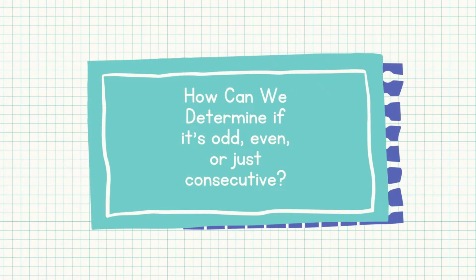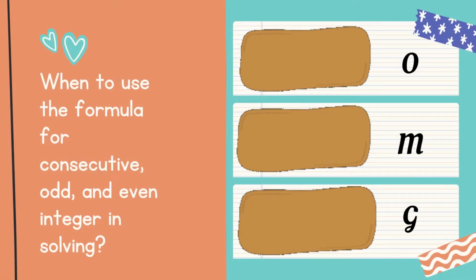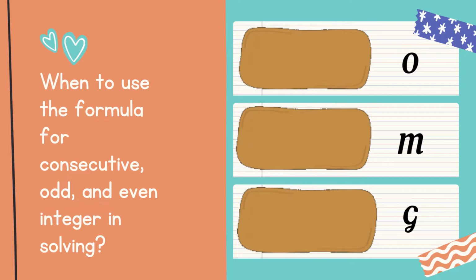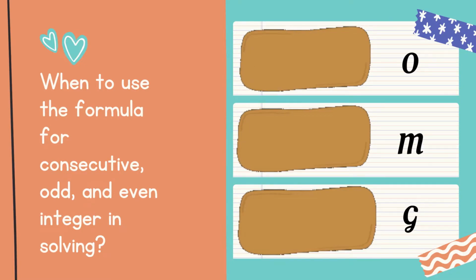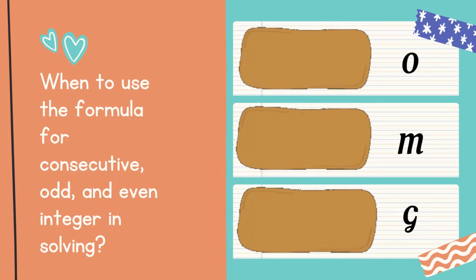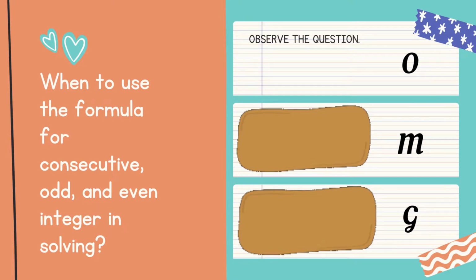Now, how do you determine if it's odd, even, or just consecutive, or when to use the formula for consecutive, odd, and even integers? I will give you a few tips in the acronym OMG. O stands for observe the question, meaning you look at the details given in that specific question.